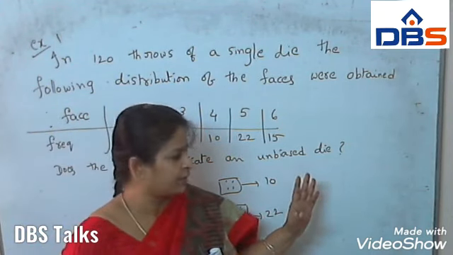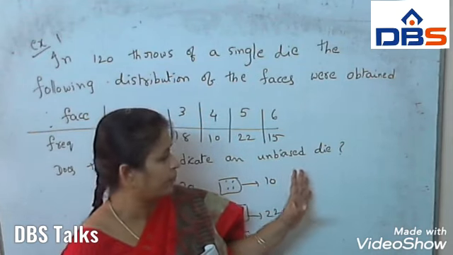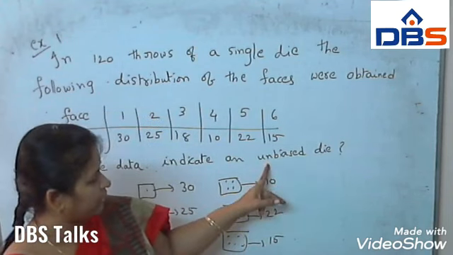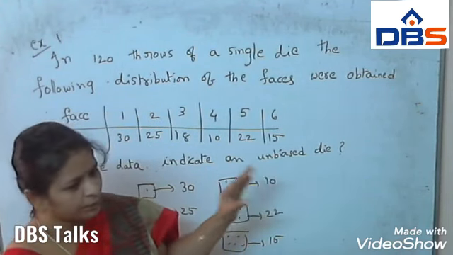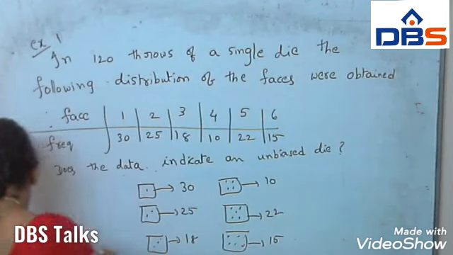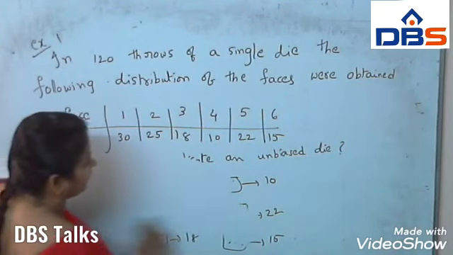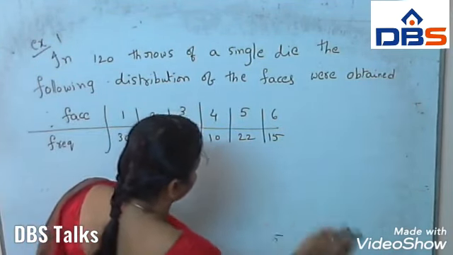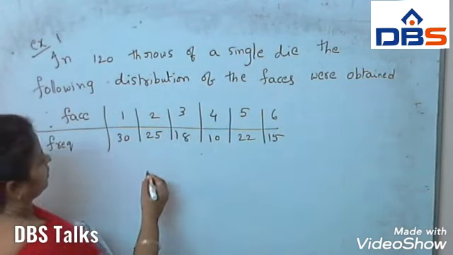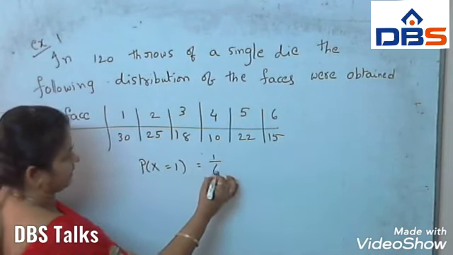If a die is with damages, then there is no chance of getting equal probability for each number. If a die is fair, that means unbiased, then there is a chance for every number to get the same probability. That means if a die is unbiased, then the probability of getting 1 is 1 by 6.